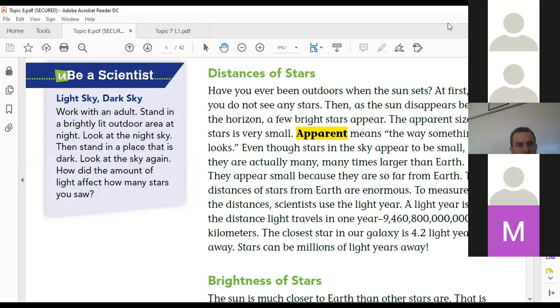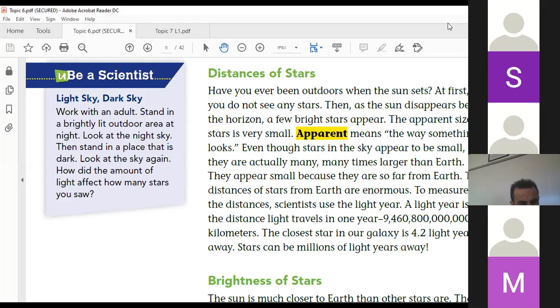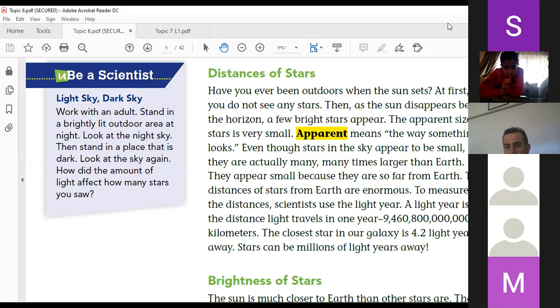Sarah. Right. If the star is very far from us or from the Earth, what will happen to the brightness? It is smaller. Right.